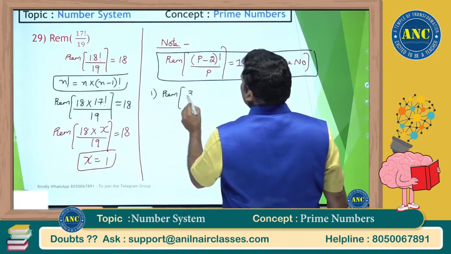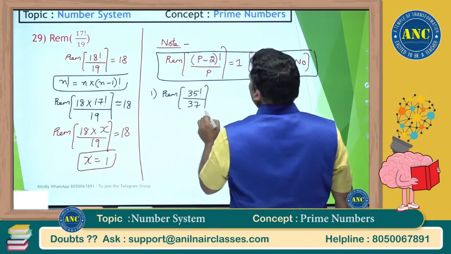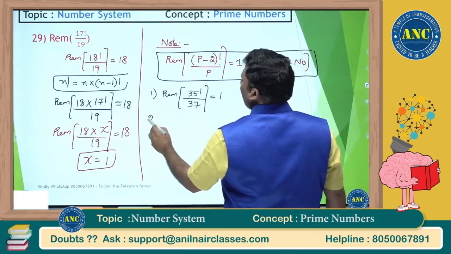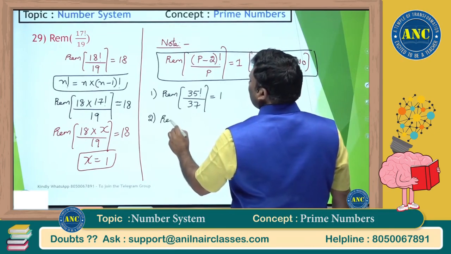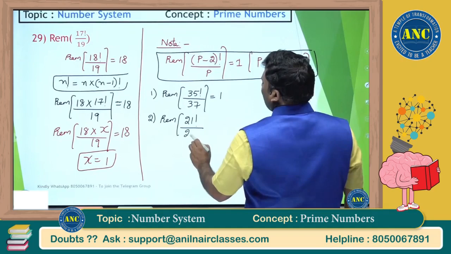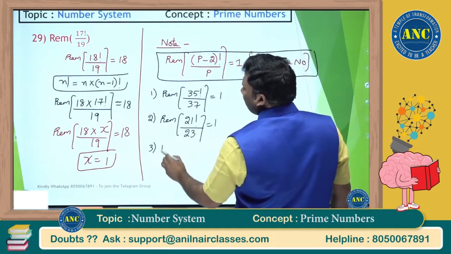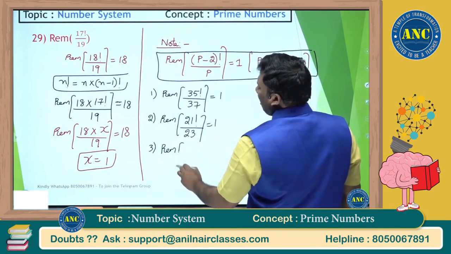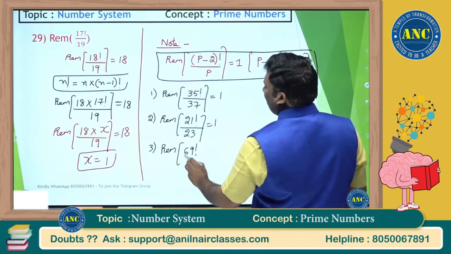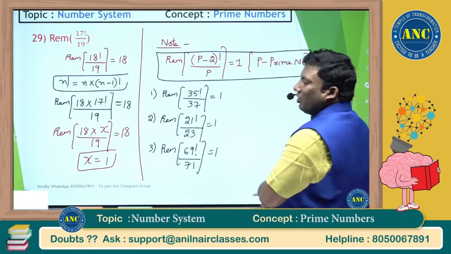If the question is 35 factorial by 37, the remainder is 1. 21 factorial by 23, the remainder is 1. 69 factorial by 71 is also 1.